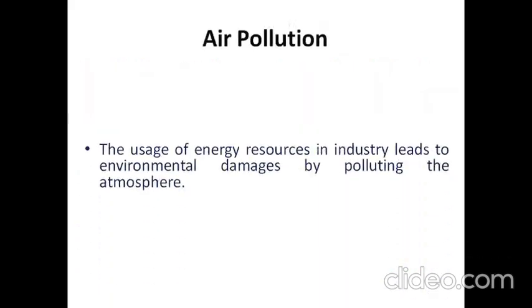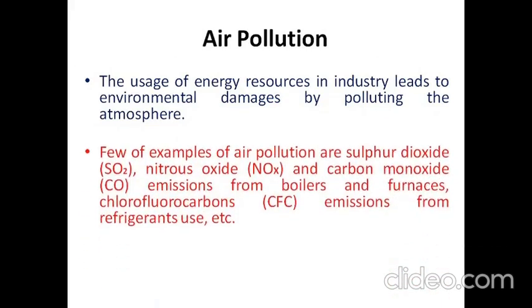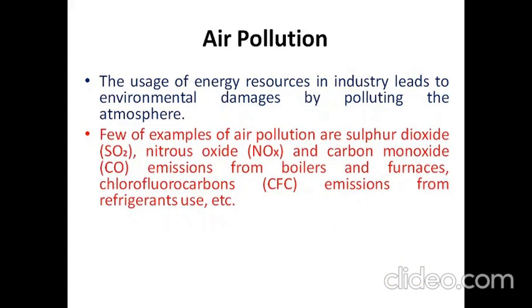Air pollution. The usage of energy resources in industry leads to environmental damage by polluting the atmosphere, that is air pollution. A few examples of air pollutants are sulfur dioxide, nitrous oxide, carbon monoxide, and emissions from boilers and furnaces, and CFC from refrigerants use.